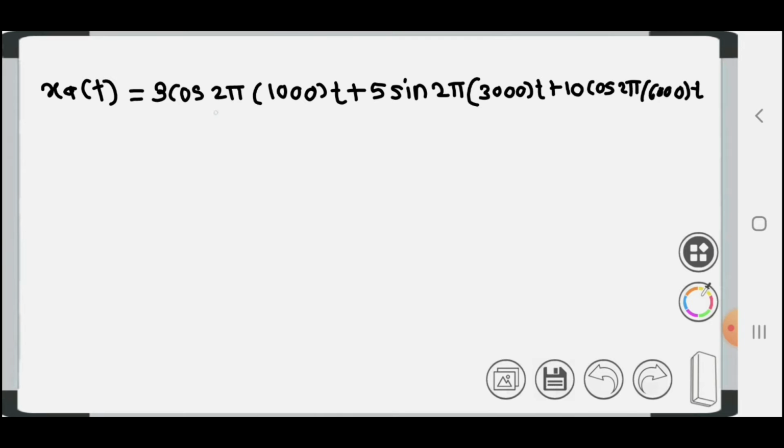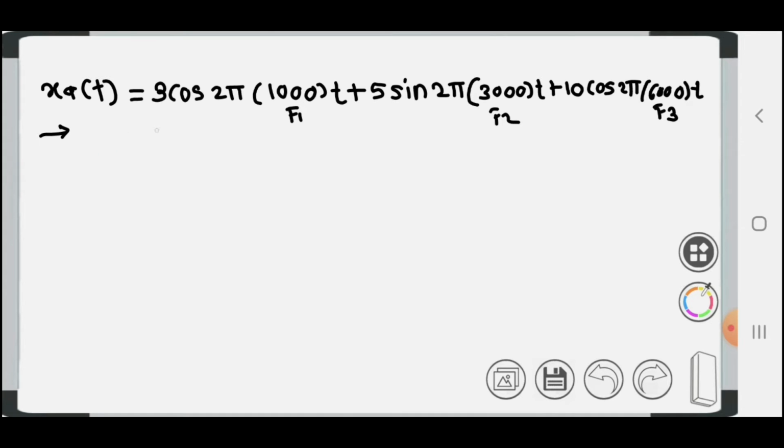So first step you have to remember, write the equation of x of t in the standard form. Take 2 pi outside the bracket and write in the form of the given frequency. So this will be your f1, f2 and f3. Okay, so what is the Nyquist rate?